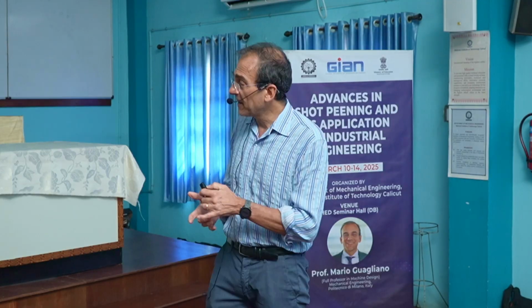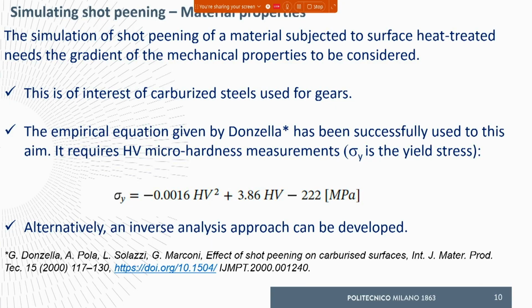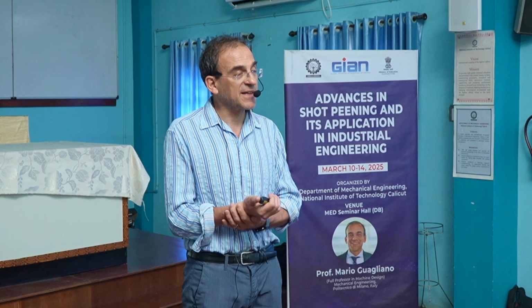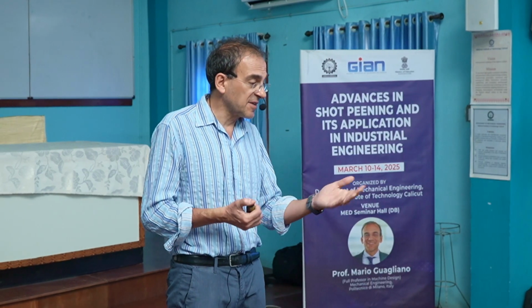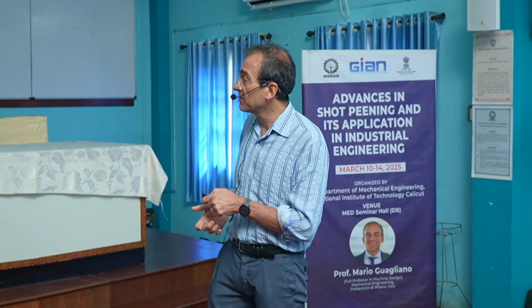Indeed, finally, the results were not so different, and by applying this formula that is found in this paper published some years ago by the University of Brescia, we were able to correctly define the gradient of the mechanical characteristics of the materials. And the same can be done indeed with the inverse analysis.